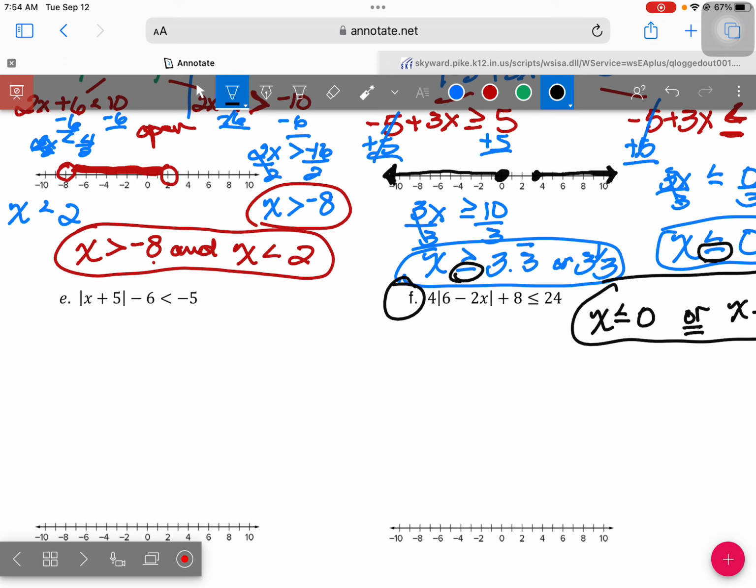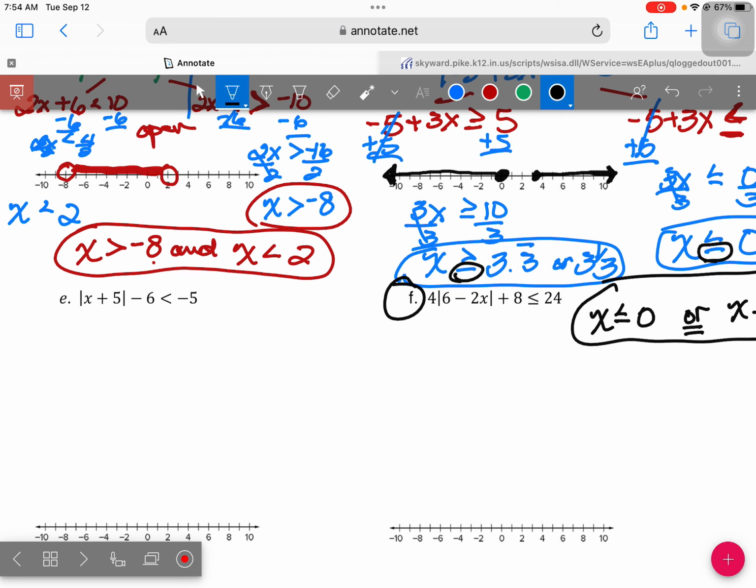And on the other side, what is this number? 16 divided by 4 is 4. Now, we need to bring down that symbol so it's less than or equal to. Now it's isolated. So now I can take it into my 2 cases. So you're going to say 6 minus 2x, and whatever this symbol is, so is less than or equal to the positive, which is 4.